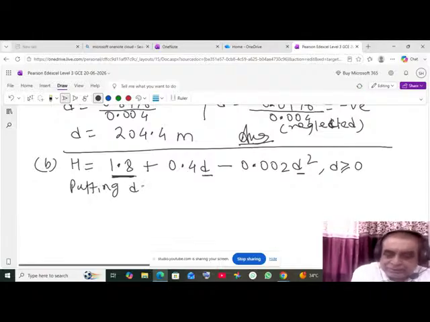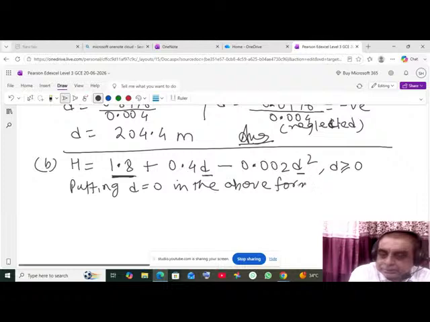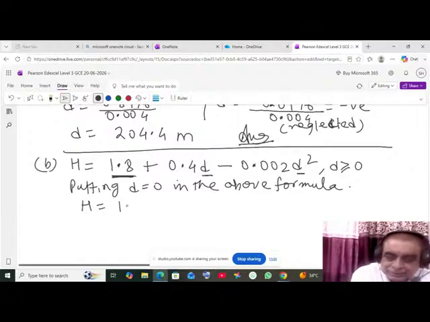Putting D value 0 in the above formula, what do we get? Since we are putting 0, the arrow has not traveled any horizontal distance. So in this formula, you write the value of D as 0 and simplify it.